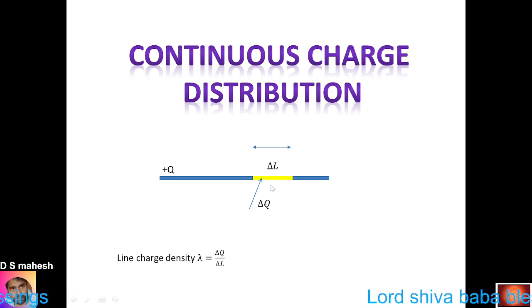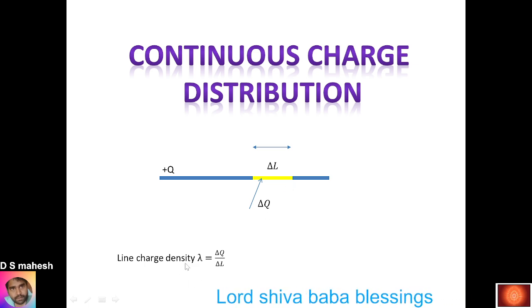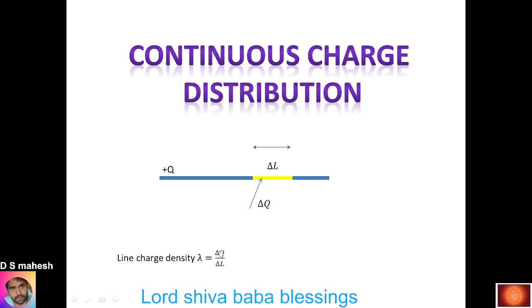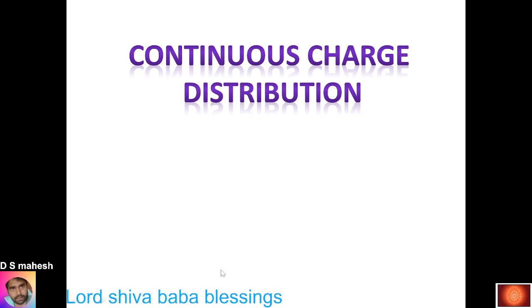So this is for line charge distribution, given by lambda equal to delta Q by delta L.